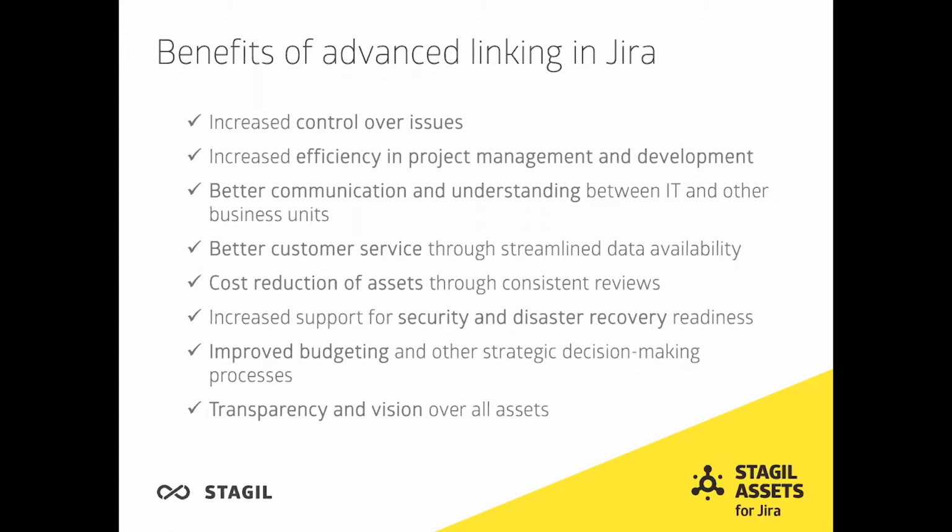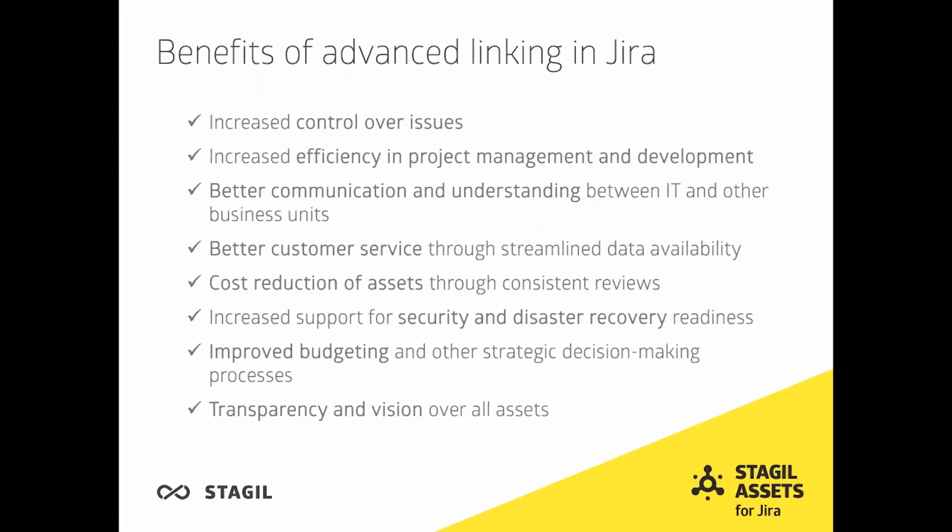And this also improves customer service by having just the right information in the right place, with everything available in Jira without needing to change the system, go through other departments, or ask colleagues. So you try to have it really in one source, and this will save a lot of time. You can have a real cost reduction in asset management because you have a consistent, structured order in one hand.